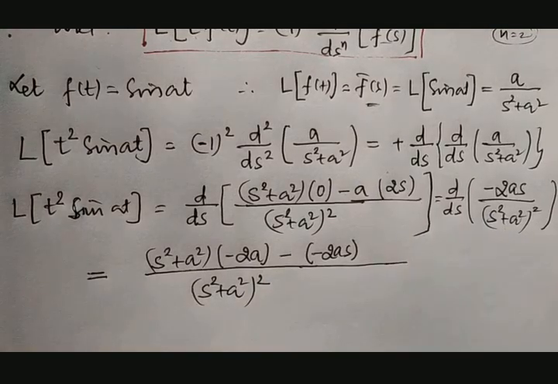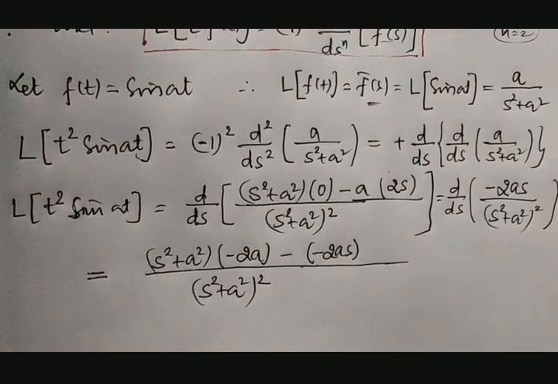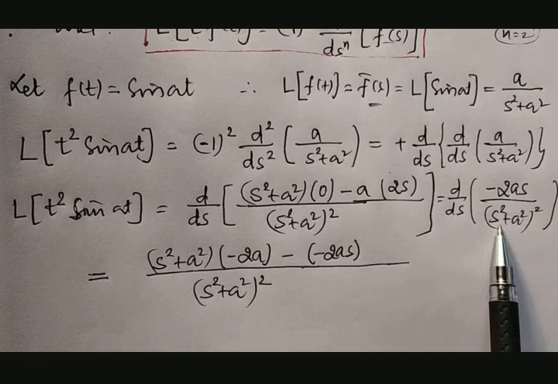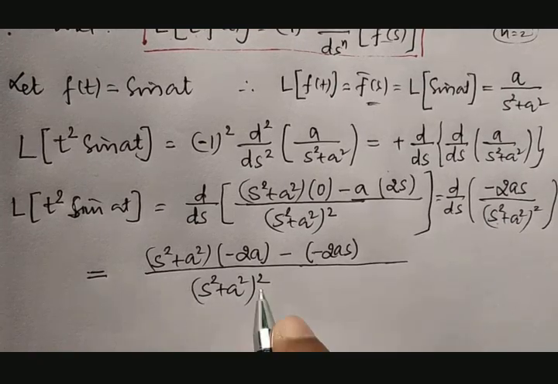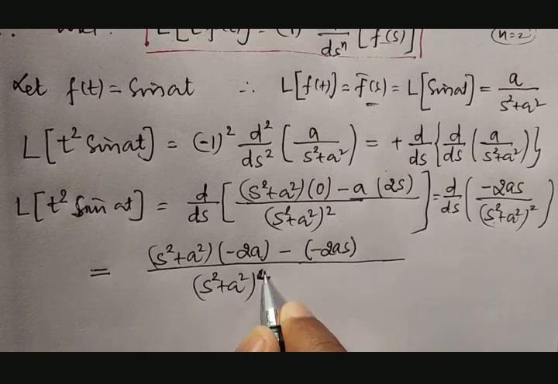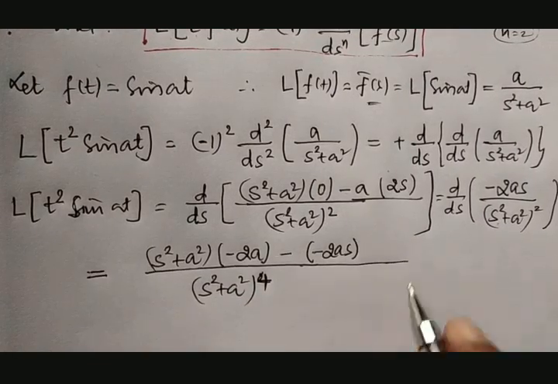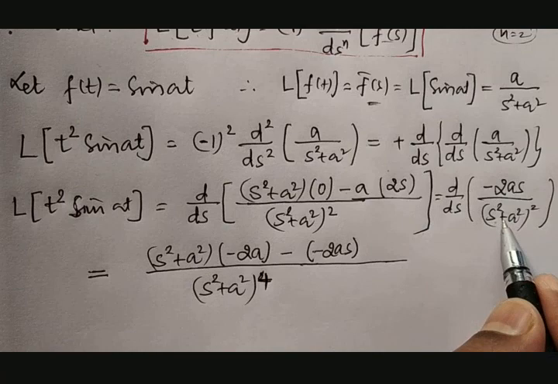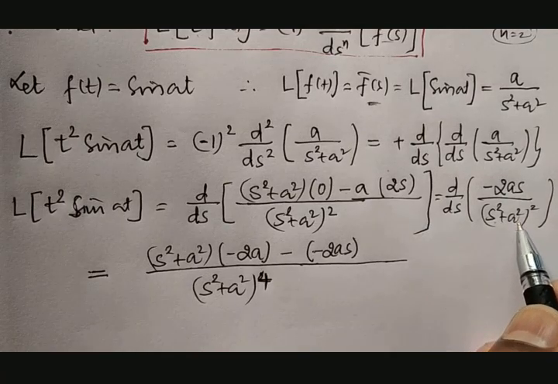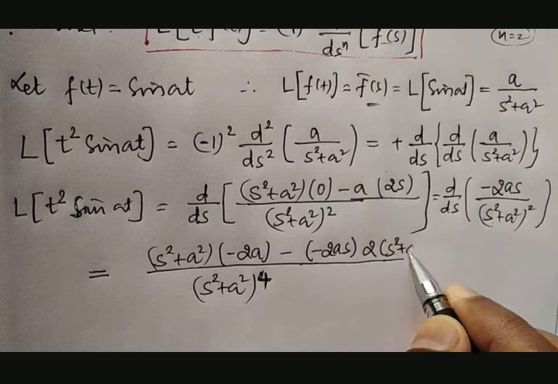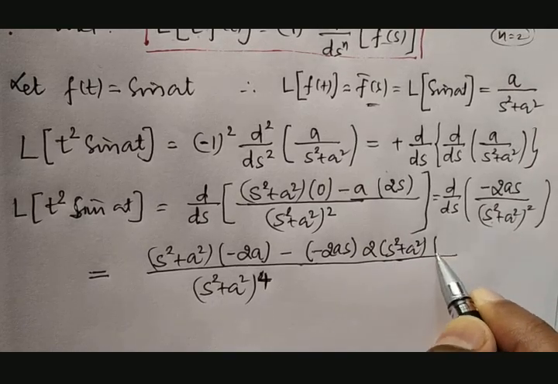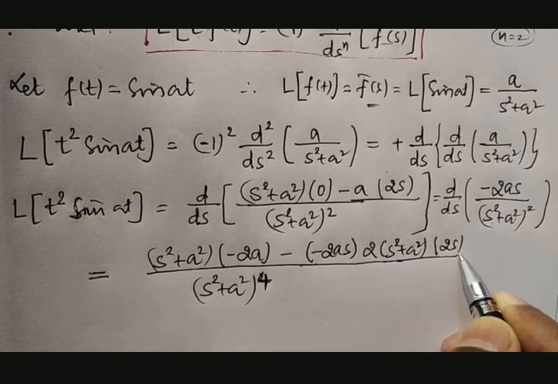Here the denominator is s square plus a square the whole square, so the derivative is 2 times s square plus a square into the differentiation of s square, which is 2s.